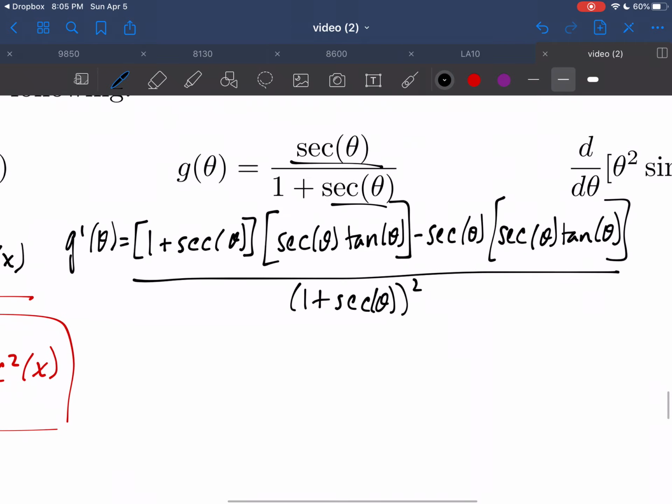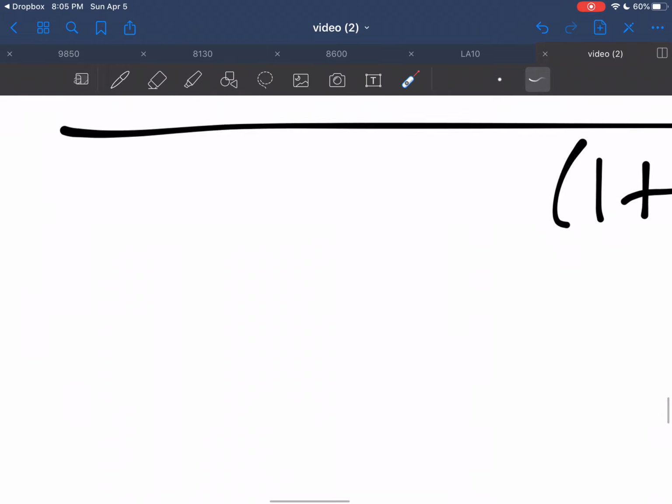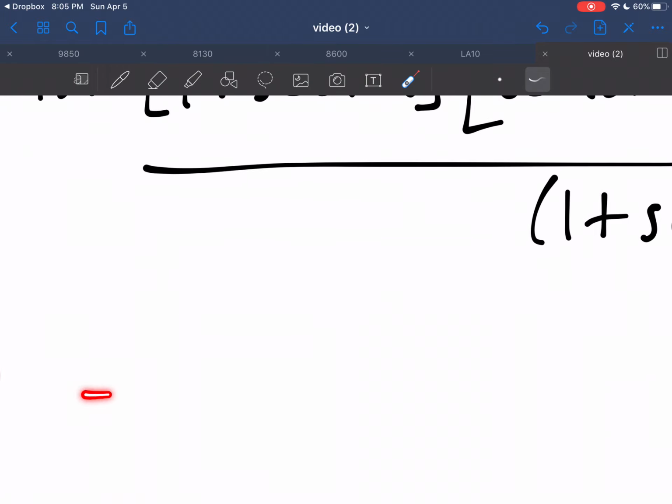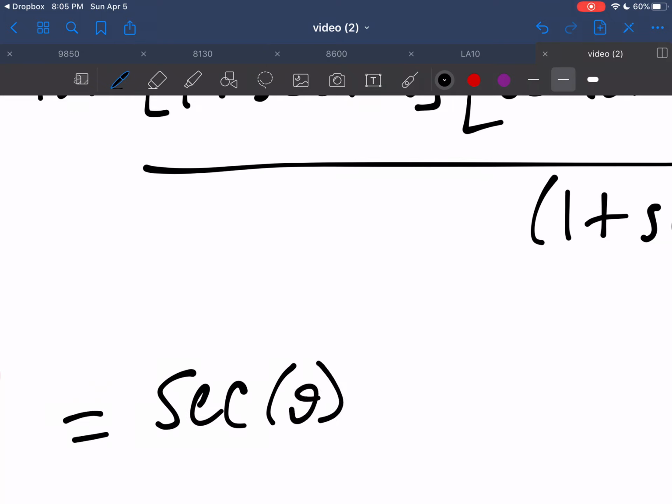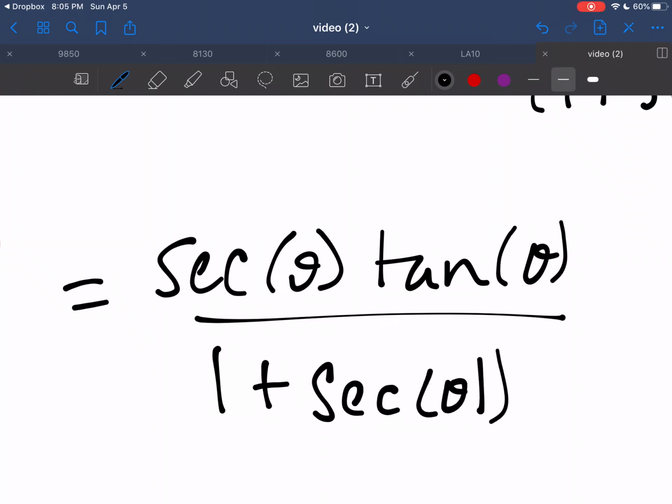I won't take you through the algebra, but if we multiply both of these out, it cancels down with the subtractions to secant theta times tangent theta divided by 1 plus secant theta squared.